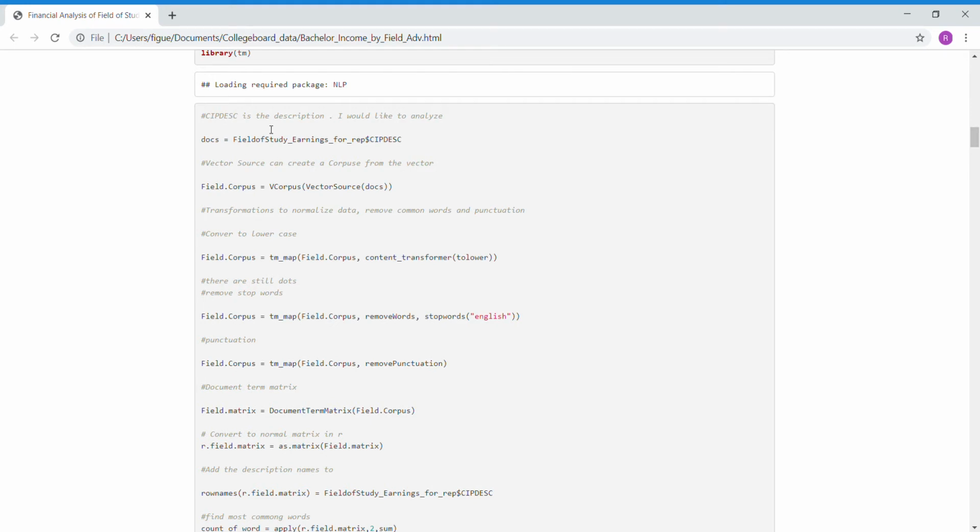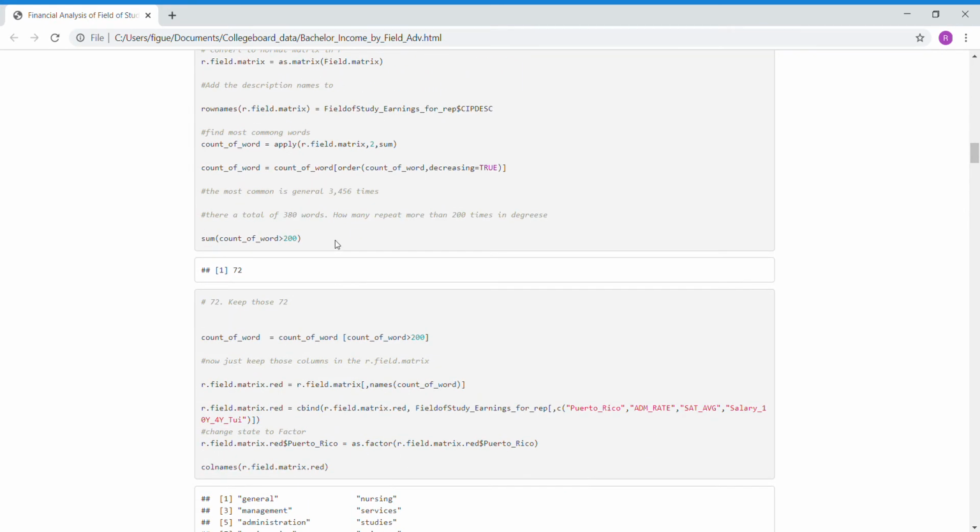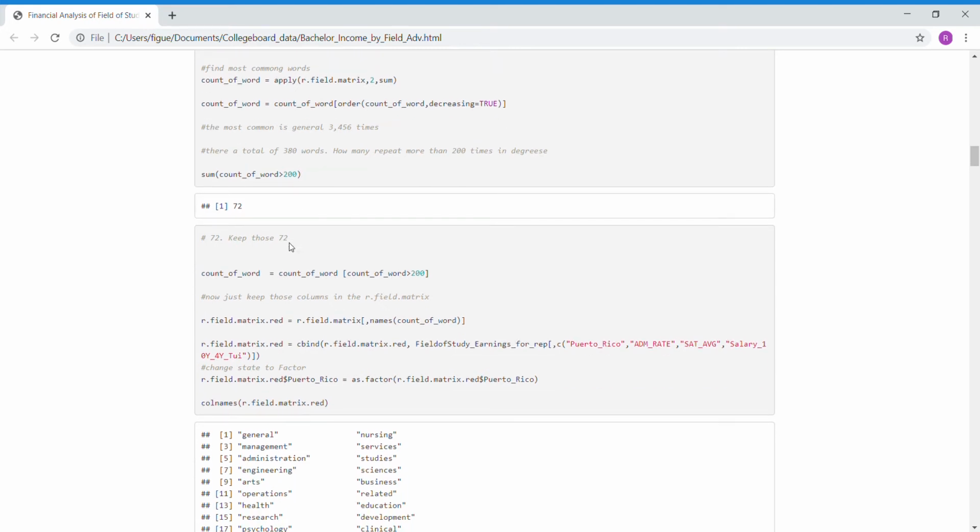So I'm using text mining, the library tm in R, which allows you to extract all of the words. And what I did is pretty much that. I extracted all of the words from the field of studies, and then I counted the words and just kept the ones that are most common, that repeat more than 200 times.